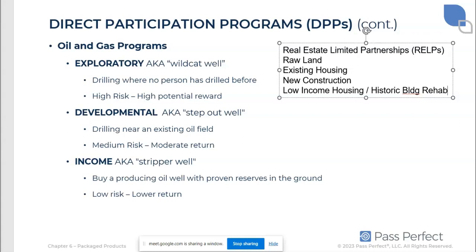When you have a tax deduction, all you can deduct is your tax bracket percentage. If you're in the 28% tax bracket, you deduct 28%. But a tax credit is a dollar-for-dollar reduction in taxes. So there are some massive tax benefits for investing in low-income housing or historic building rehab DPPs.